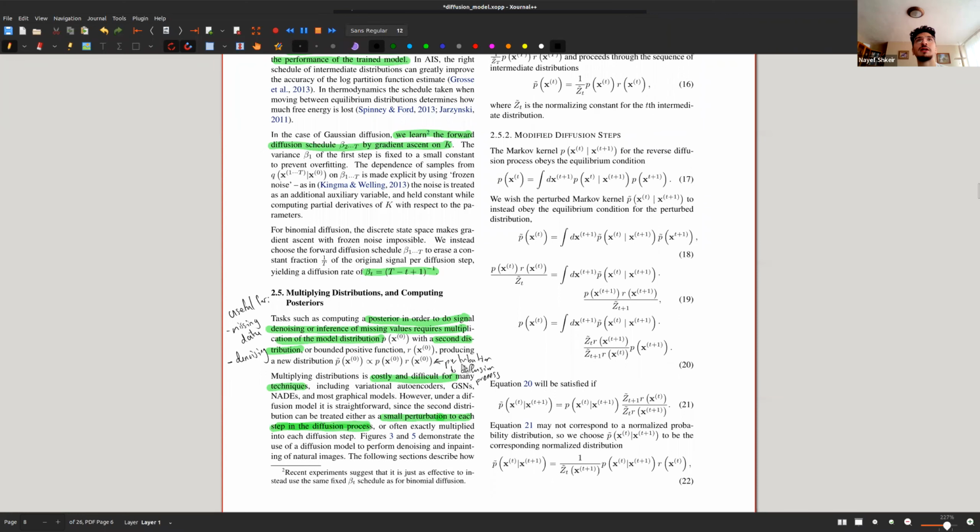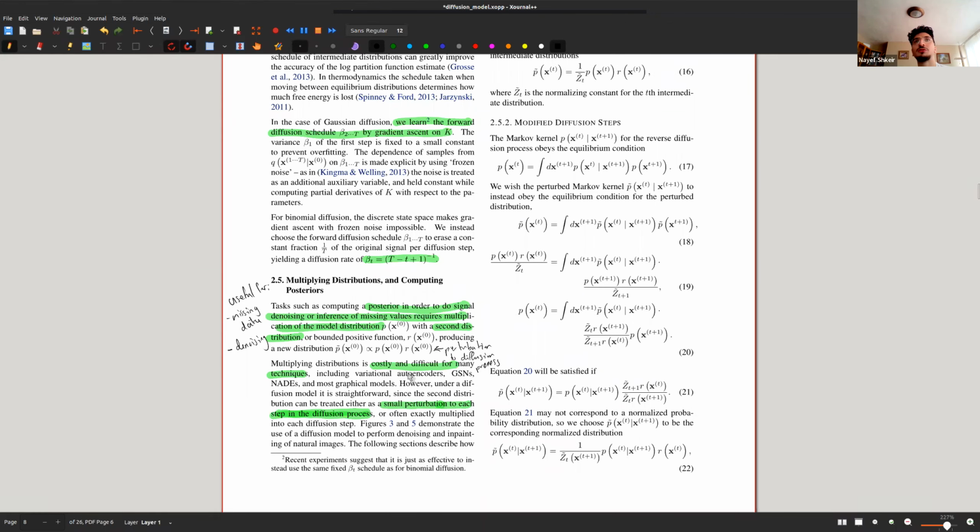And so they do this by perturbing the diffusion process. Computing a posterior in order to do signal denoising or inference of missing values requires multiplication of some model distribution with a second distribution, which they call R. This multiplication will produce a new distribution, P tilde.